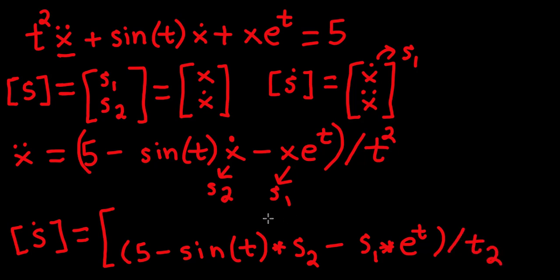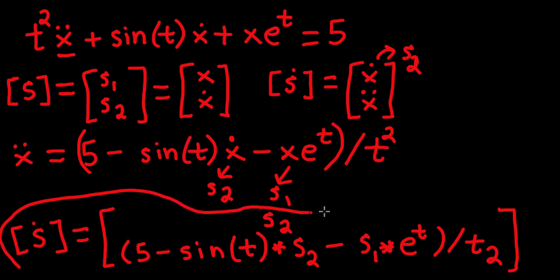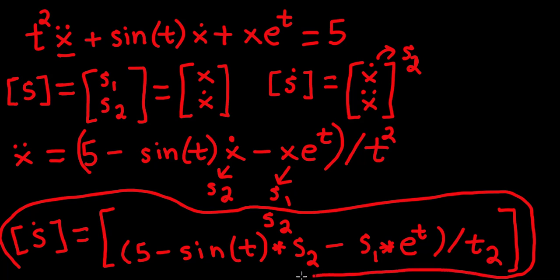And then up top we have S2. Oh my goodness, I wrote this wrong up here too. I'm sorry guys. X dot is S2 per the notation. So we have the derivative of the state vector in terms of the state variables and time, right? And this time we do actually see time appearing in this vector.